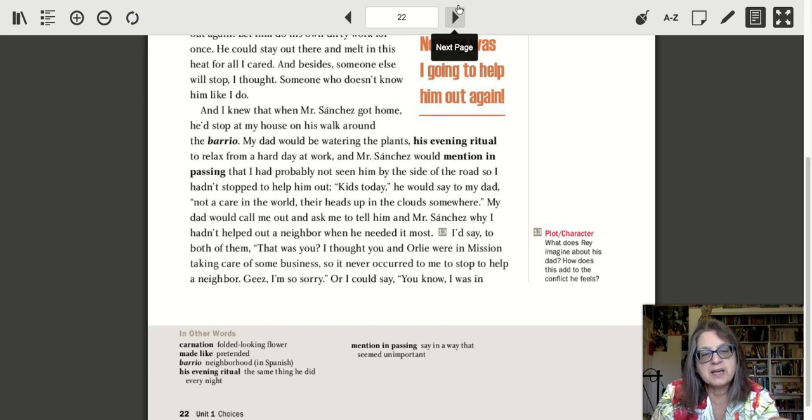So what does Ray imagine about his father? Why I hadn't helped a neighbor out when he helped him the most. So there's a code of behavior in their family. Ray's father expects Ray and others to help the people in their community, because that's probably something that Ray's father does himself and has raised his children to do.